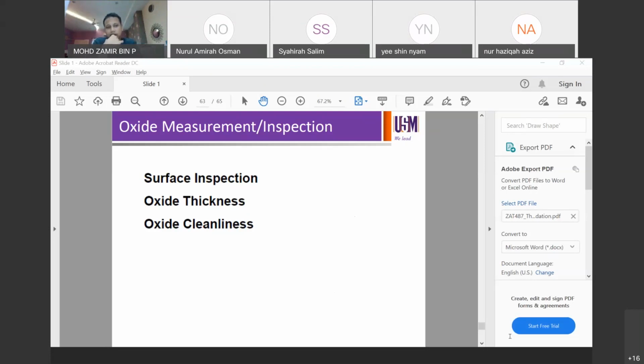Then other than the surface inspection for particles, your process spec also outlines the targeted oxide thickness. So you're going to work with SPC or statistical process control charts.